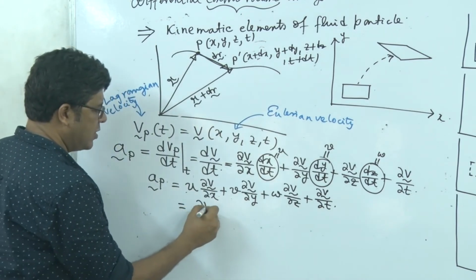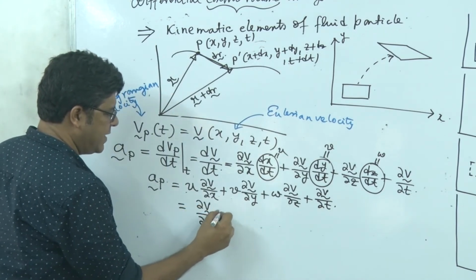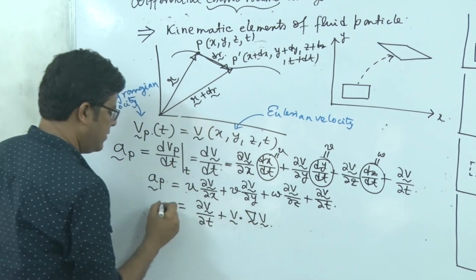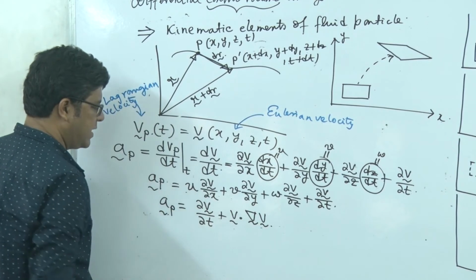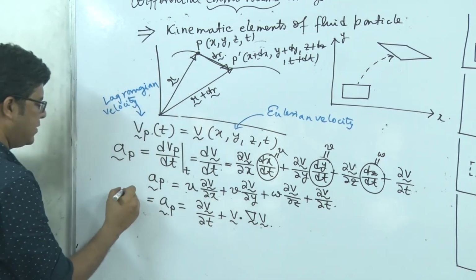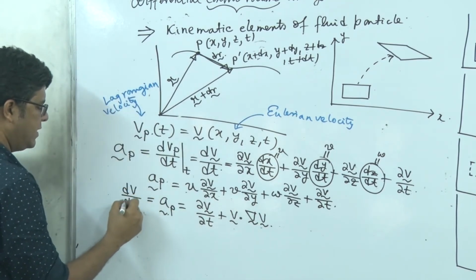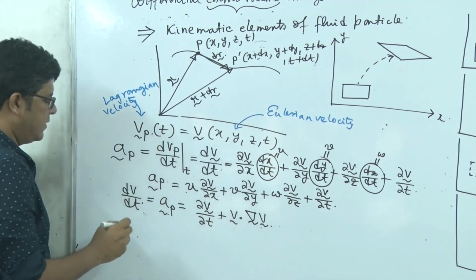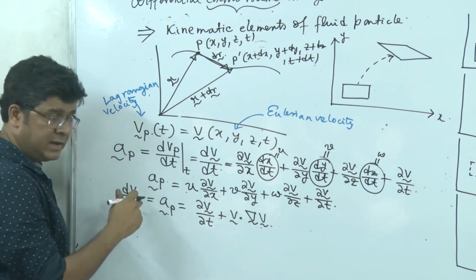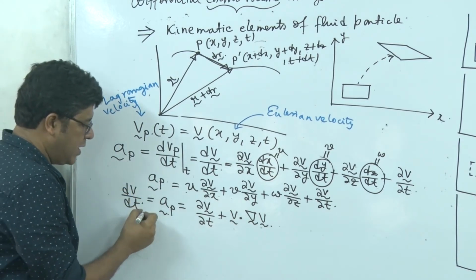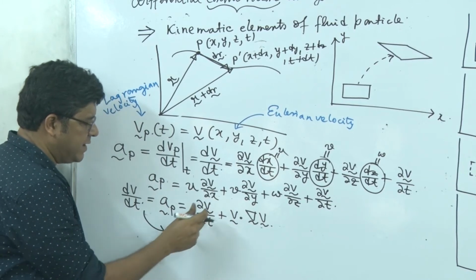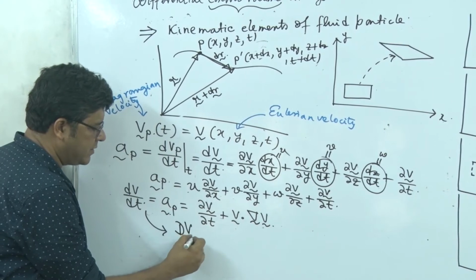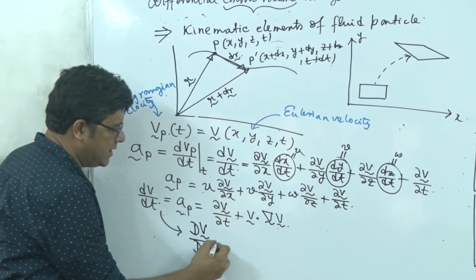And in a more compact form we can write it as del v del t plus V dot grad of V, which is equal to the particulate acceleration, or this is dV/dt, right? So you see this total derivative dV/dt, as it is a particulate derivative, in order to differentiate it from del v del t, we represent it in terms of capital D/Dt.